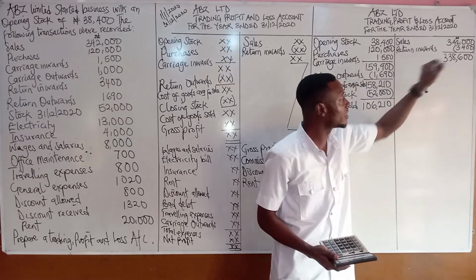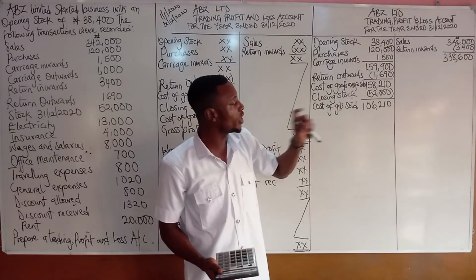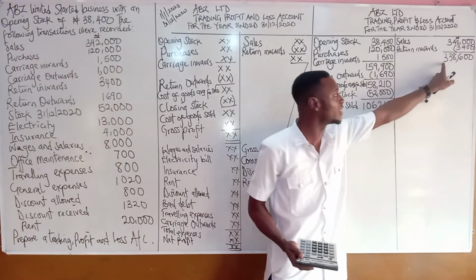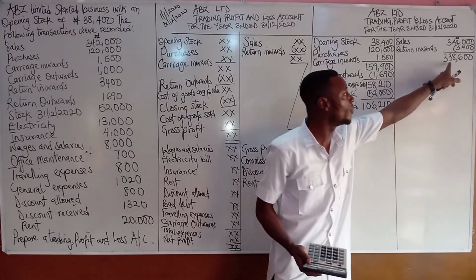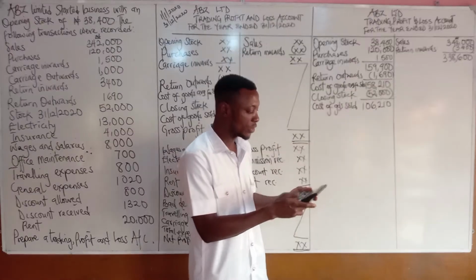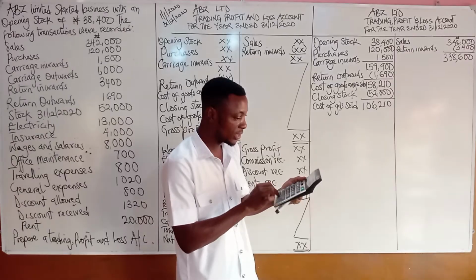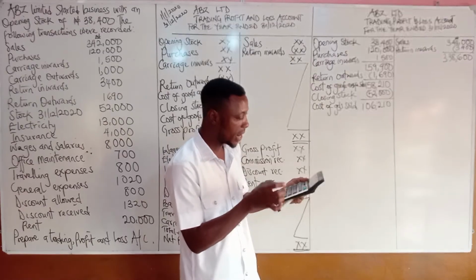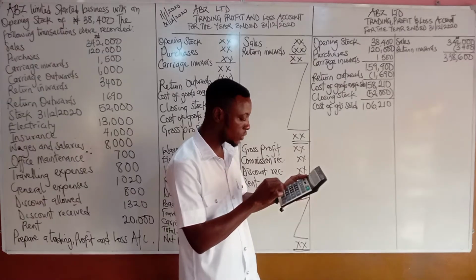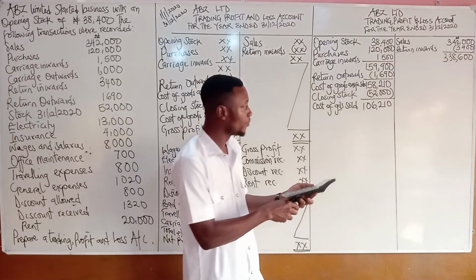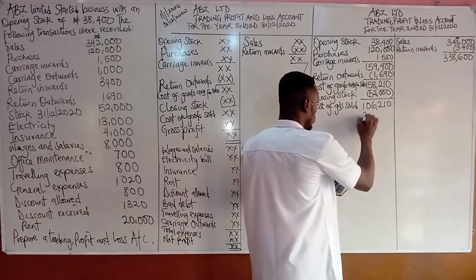Yes, it is less than our sales. So it means that we subtract cost of goods sold from the sales. Now we are going to do 338,600 minus 106,210. That will give me 232,390. I'll put it there.